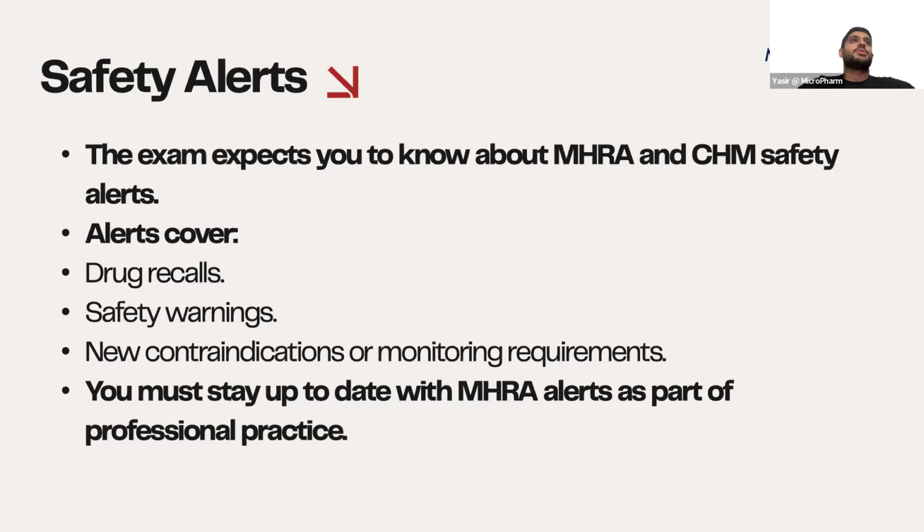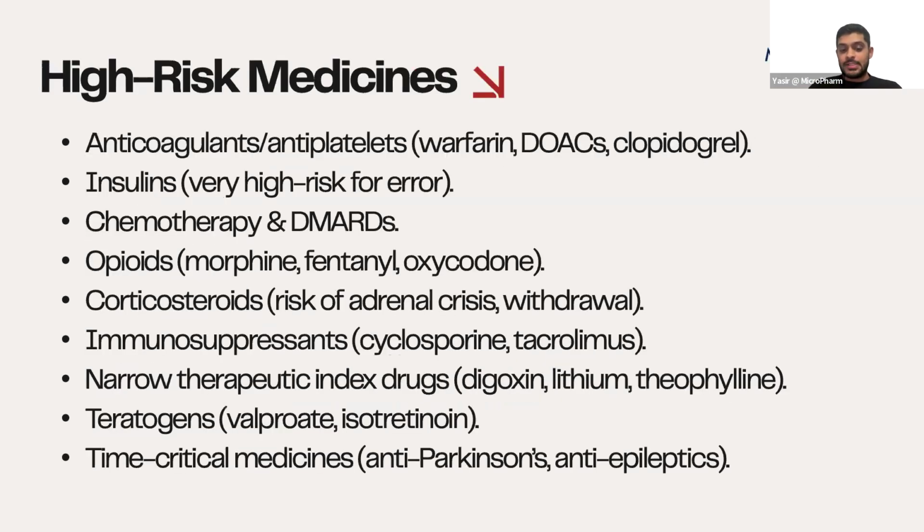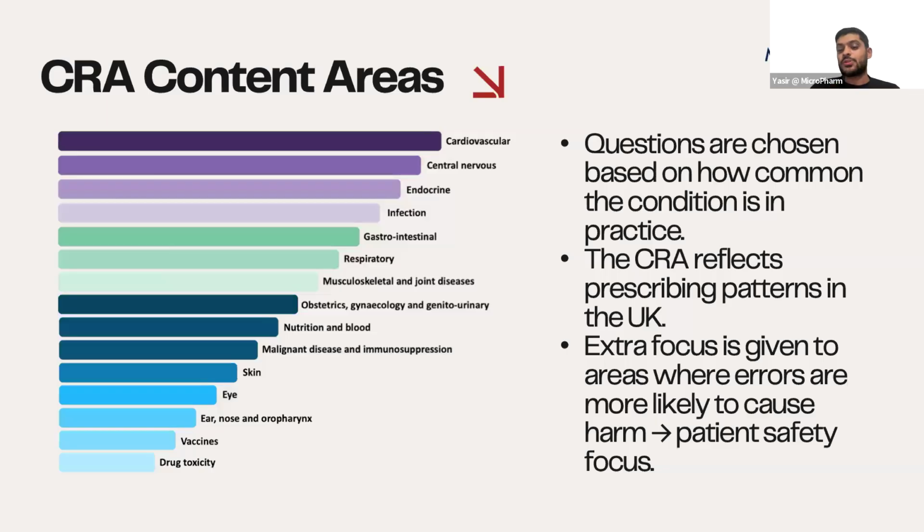How do you know which ones you need to know? This completely depends. It's a combination of factors, and that's why there's no one-size-fits-all answer. The MHRA and CHM warnings that are more important are for chapters and medications that you're more likely to see in practice. And how do you know which ones you're more likely to see in practice? It goes back to this content areas section here.